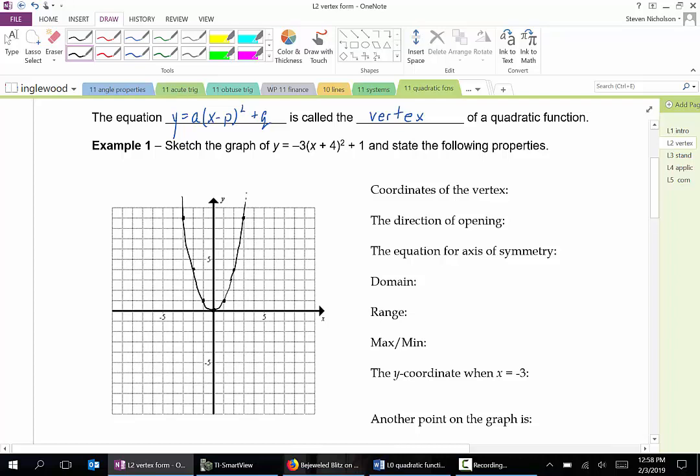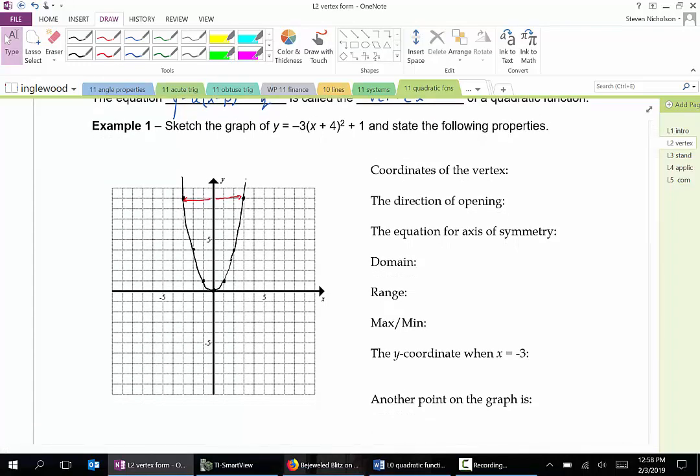If we know one point on one side of the axis of symmetry, we can find another point on the other side. 3, 9 is 3 spaces to the right, so there has to be another matching point 3 spaces to the left. So if you know the vertex, you basically cut your calculations in half. That's the deal. So here's our basic parabola.